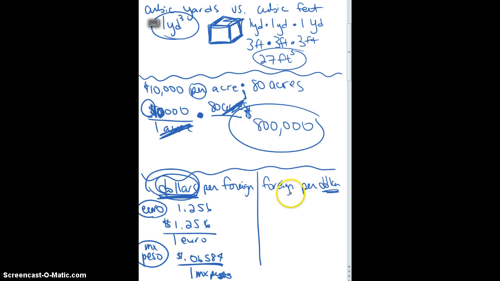Now, on the other side of the chart it says foreign per dollar. Focus on the dollar: it's dollar, singular. If we look at the euro, it says 0.7965. So it's the foreign per dollar, which would be 0.7965 euros per one US dollar.